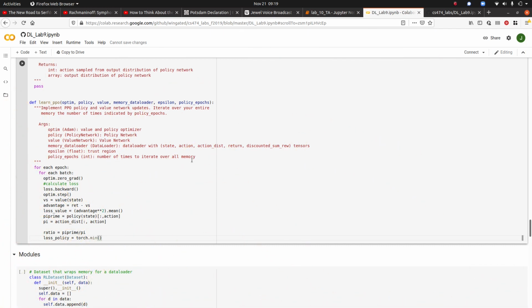It's going to be the minimum of the ratio times the advantage, and torch.clamp the ratio to be between 1 minus epsilon and 1 plus epsilon times the advantage.